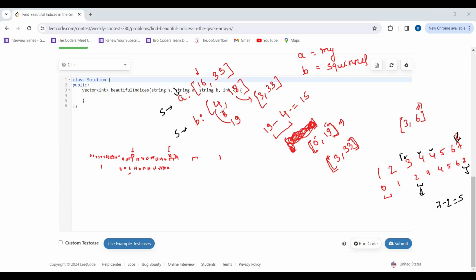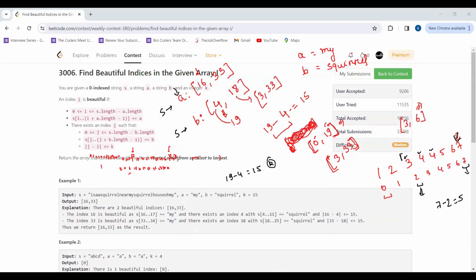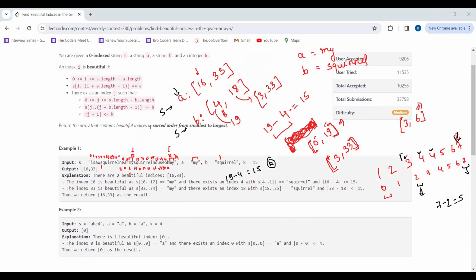Like for 4 till 19, if any index is present in A, we can tolerate that because 19 minus 4 will be equal to 15 and K is 15. So we can tolerate up to 15 difference. The absolute difference cannot exceed 15, right? It was given here that the absolute difference cannot exceed the value K.